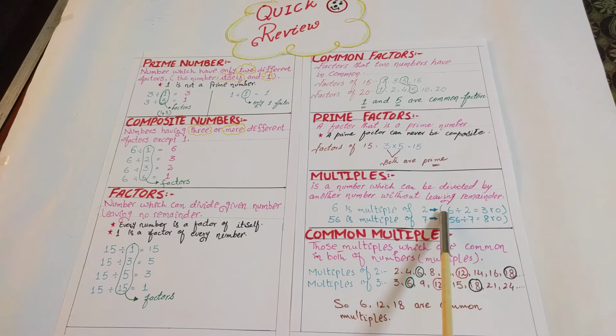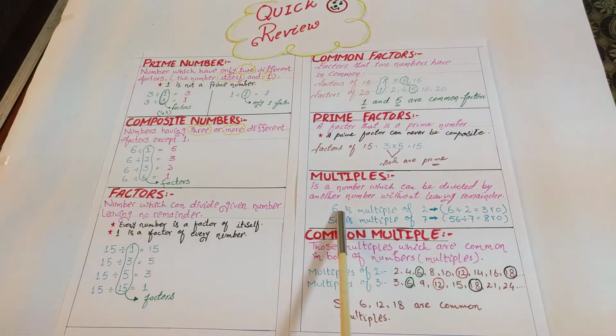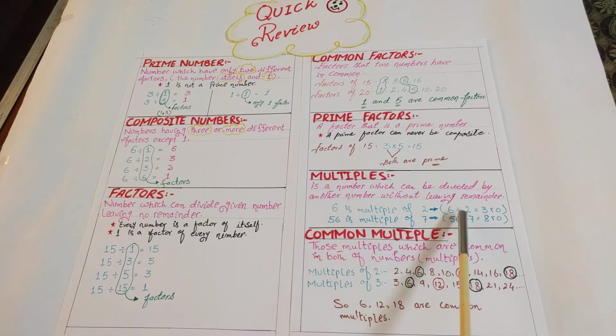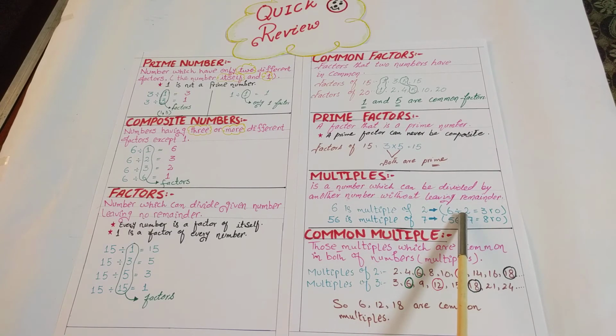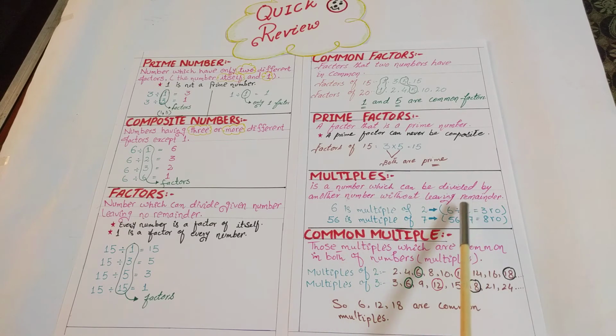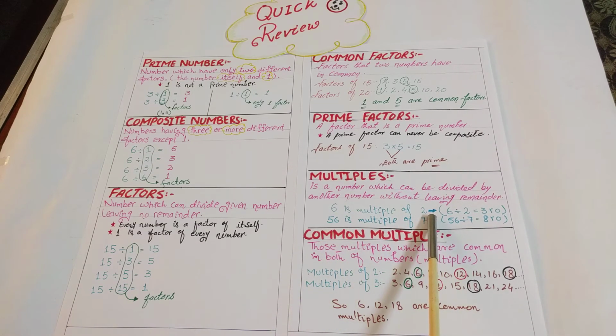Because 6 can be divided by 2 without leaving a remainder, because 2 completely divides 6. 2 threes are 6, remainder is 0. It means 6 is a multiple of 2.